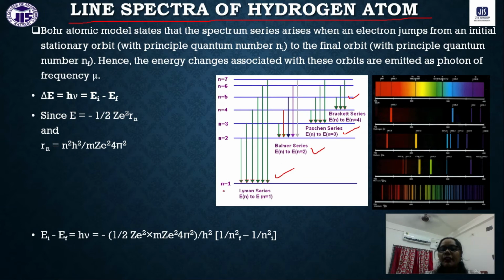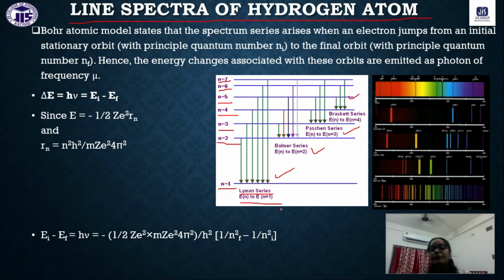Here you can see n equals 1, n equals 2, n equals 4, 5, 6, 7. Different energy levels are given. And look here, the first line spectra is the Lyman series.